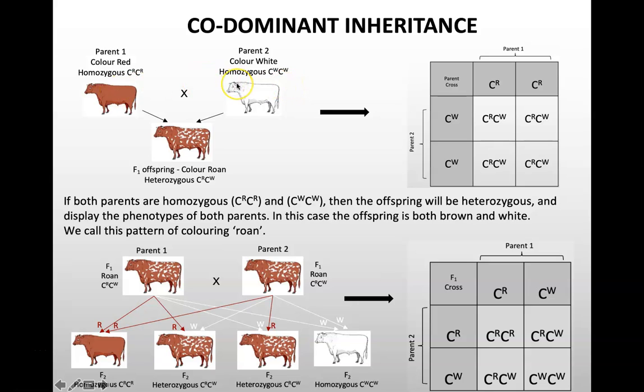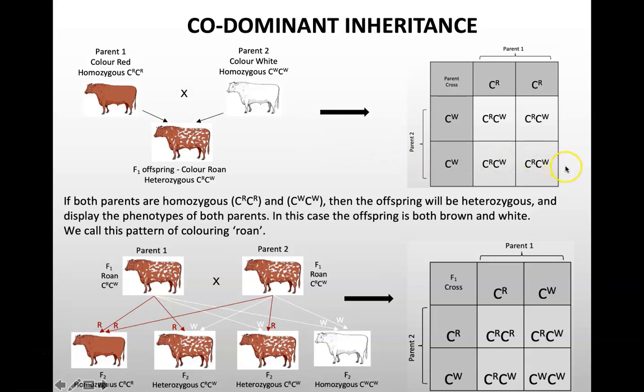When these two cross, both alleles are expressed in the heterozygote offspring, and you can see distinct colourings from both parents. So in the heterozygous offspring, both parents' alleles are expressed in the phenotype.